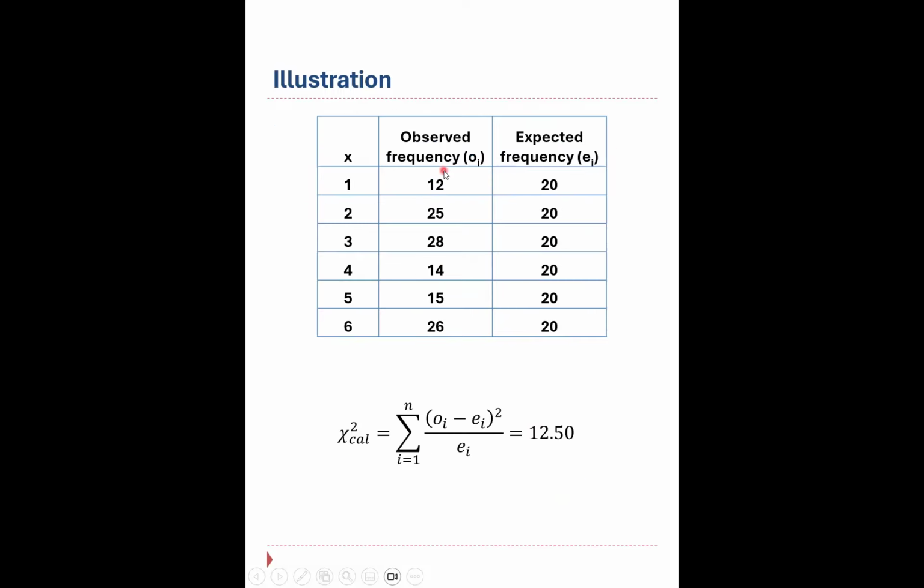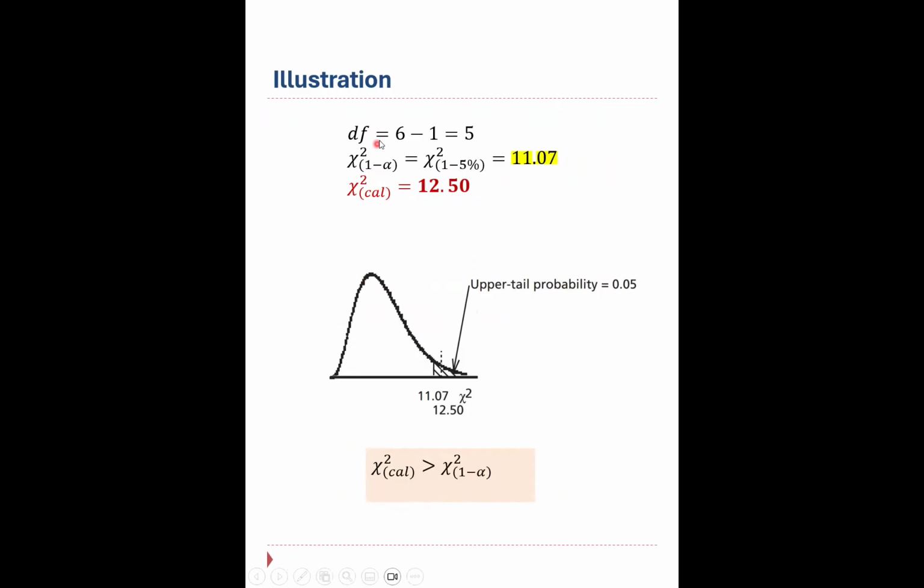In this case, we know the expected frequencies should be 20 for each outcome. And if we calculate the chi-squared value from its formula, it turned out to be 12.50. So here we have the degrees of freedom 6 minus 1, which is 5.